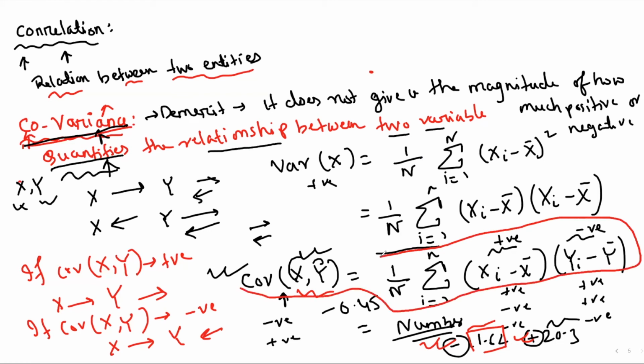This is important because at any point of time, we want to know the relationship and the graph between two variables. So covariance is very important.